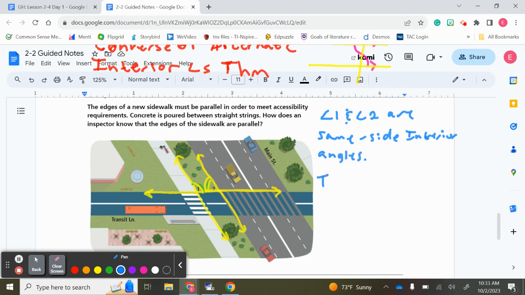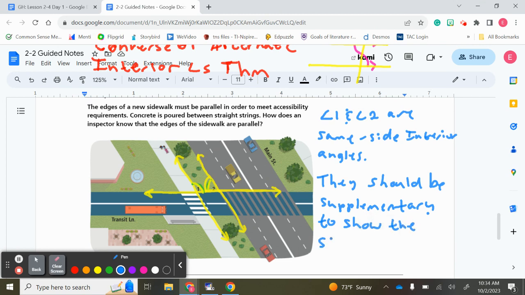So they should be supplementary to show the street and sidewalk are parallel.